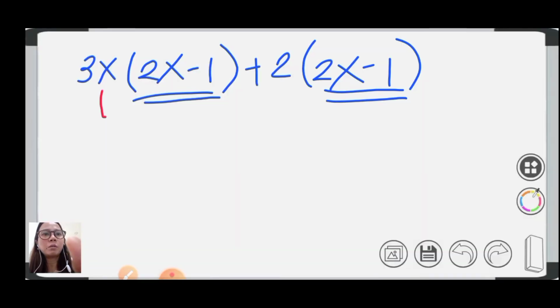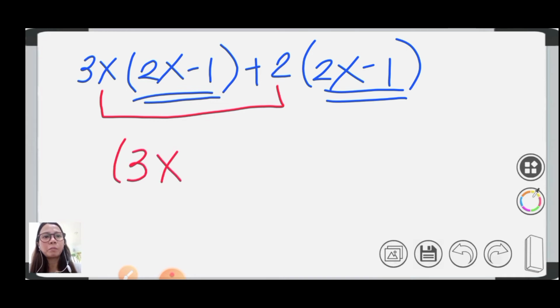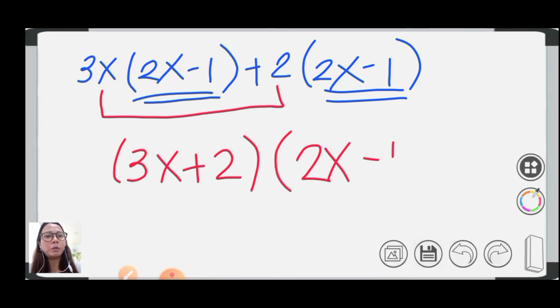Okay? So our final answer must be the quantity of 3x plus 2 times the quantity of 2x minus 1. So it means the factors of 6x squared plus x minus 2 are 3x plus 2 and 2x minus 1.